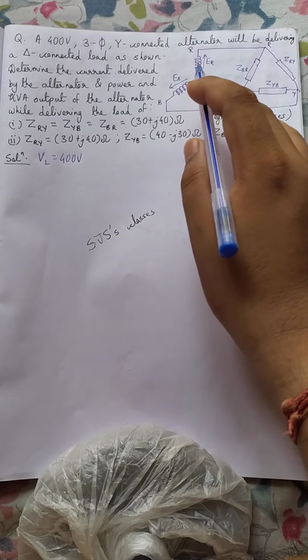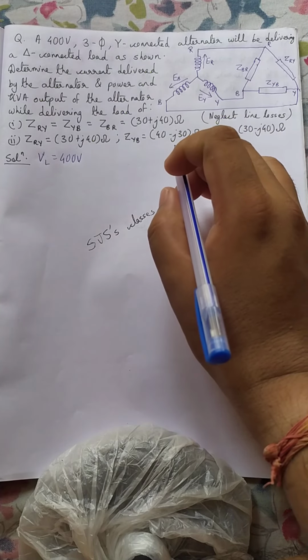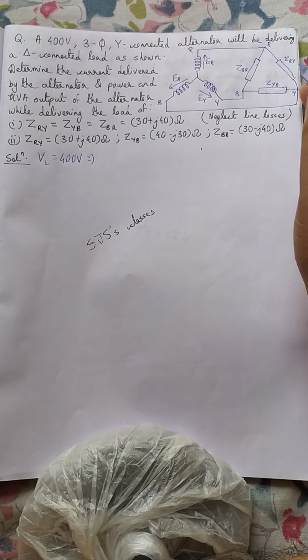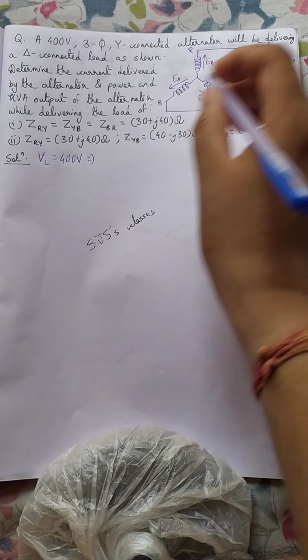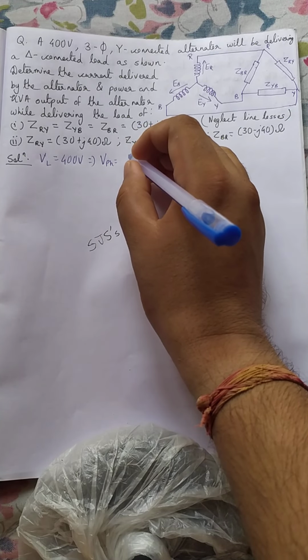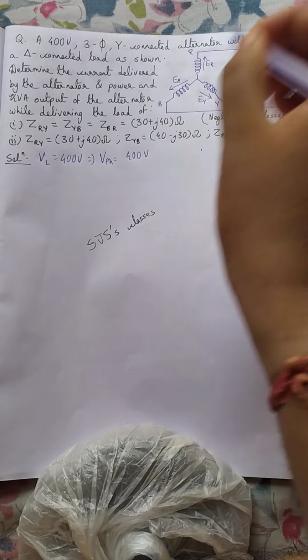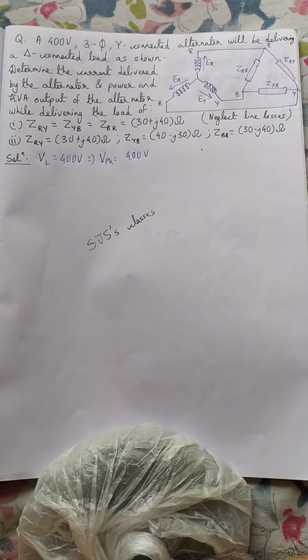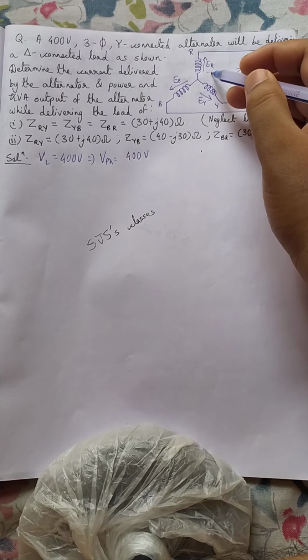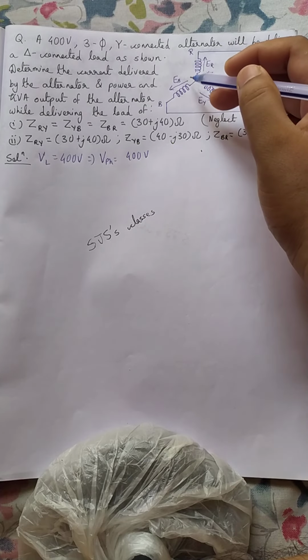So VL is 400, the line voltage is 400. If the line voltage is known and it's a delta connection, the phase voltage of the load will also be equal to 400 volt. But we are not saying that ER equals 400, because ER is the phase voltage of the generator.